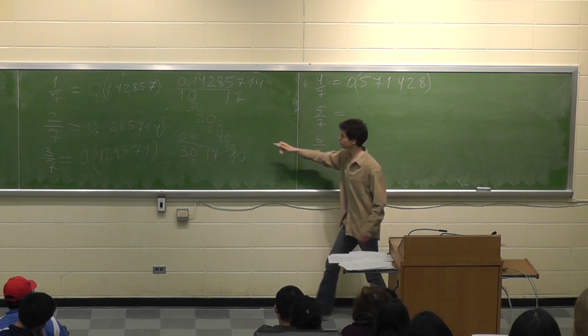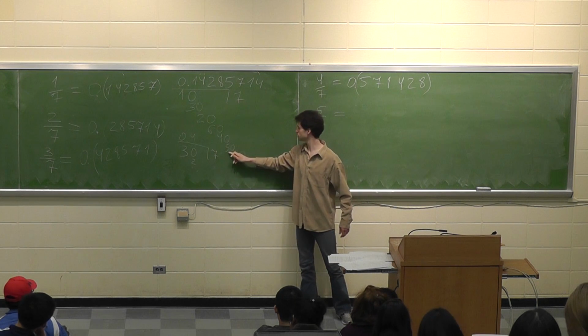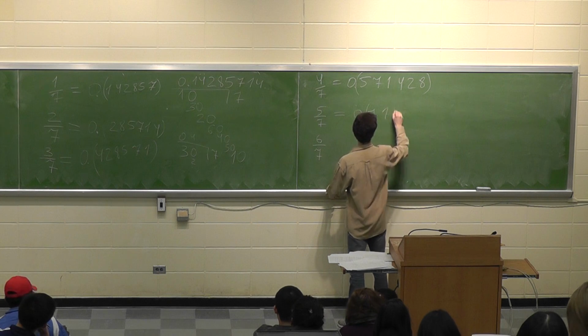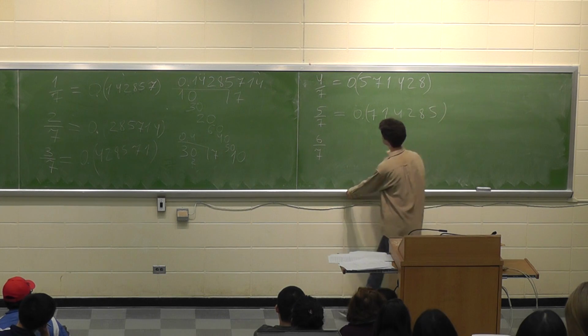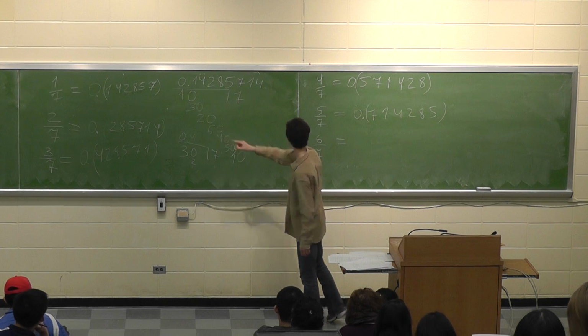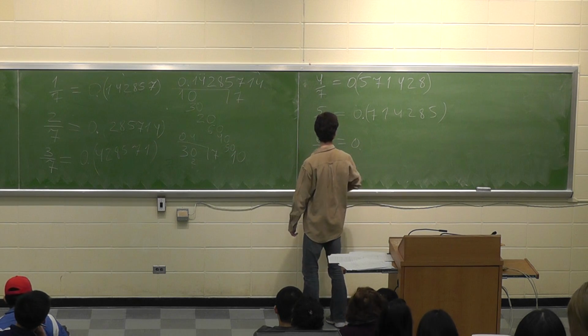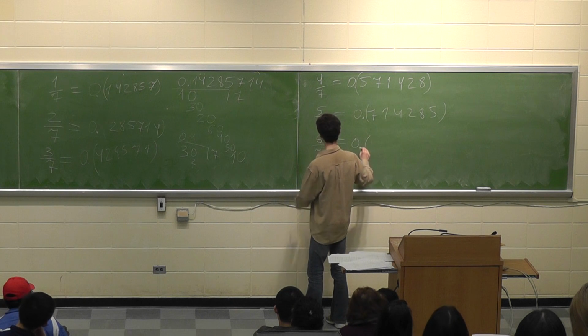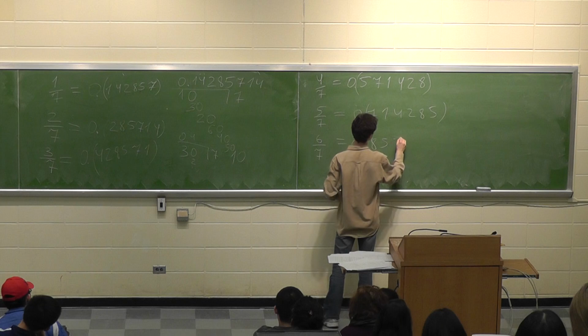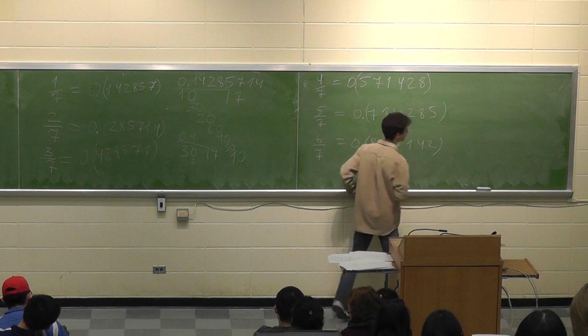The same here. 5 is one of the digits here, so it is 0.7, 1, 4, 2, 8, 5. And finally, 6 over 7 is 0. So 60, yes, 8. 8, 5, 7, 1, 4, 2.